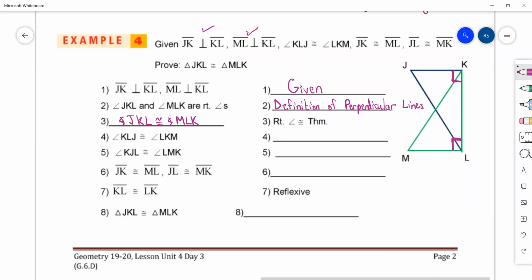Okay, number 4. It says angle KLJ is congruent to angle LKM. Where do I see that? Appearing given. So this is a given. And then they tell us angle KJL is congruent to angle LMK.